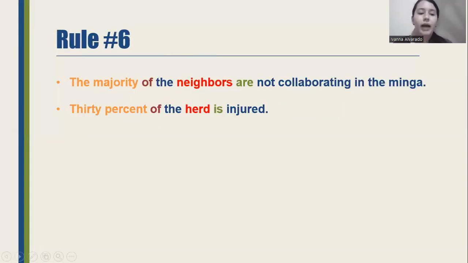Finally, we have examples with rule number 6. We have: the majority of the neighbors are not collaborating in the Minga, and 30% of the herd is injured. In these sentences we can observe that we use the words the majority and 30%.